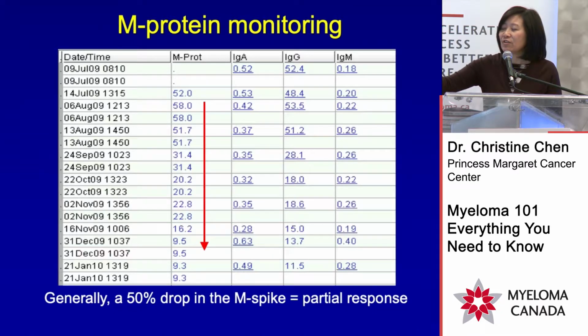The IgG is very high here, which correlates with this patient having a monoclonal protein that's IgG subtype. When we trend things, we can see that patients are dropping their M protein with treatment. In this particular patient, it's going down from a high of 58 grams per liter down to 9.3. That represents a patient who's responding to treatment. That's one of many things we look at when we're monitoring disease.